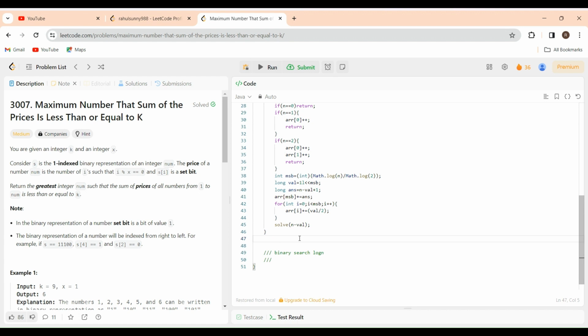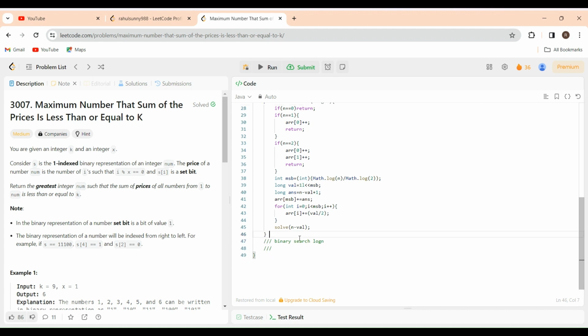So if we consider 16 as an answer, what will log of 16 give? 2 to the power of 4, right? So 4 into log 2 base 2, and log 2 base 2 will be 1. So we get 4. This is a logarithmic approach here.